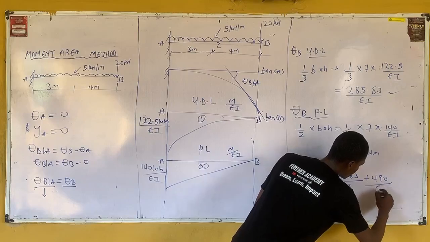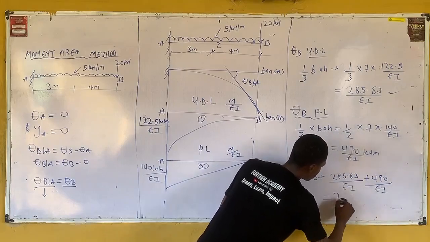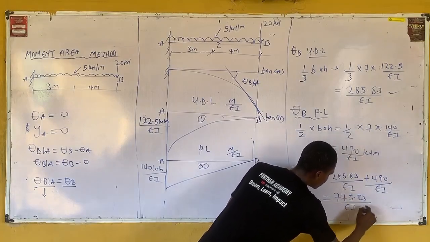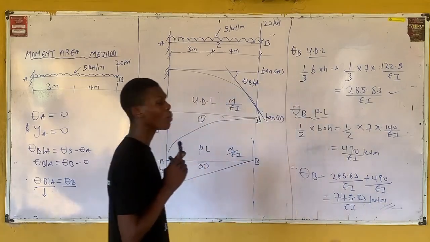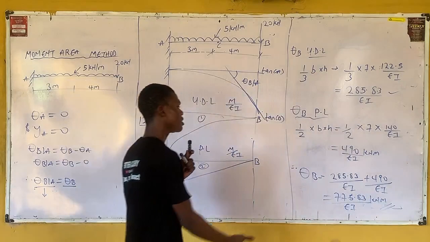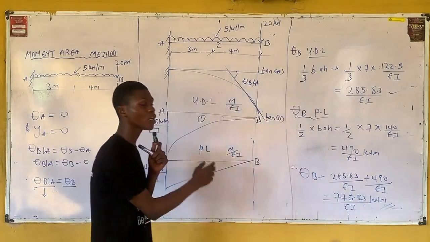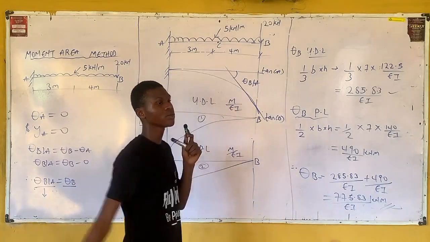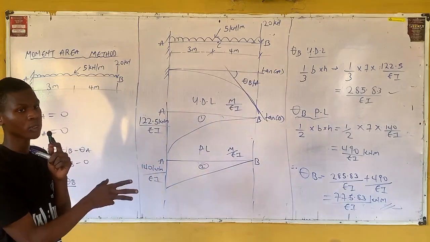The summation of this gives you 775.83 over EI kilonewton meter. So this is the slope at B. And if you are given the value of EI, substitute. By the time you substitute, express your answer in radians. This is the slope at B for this type of beam loaded in this manner.